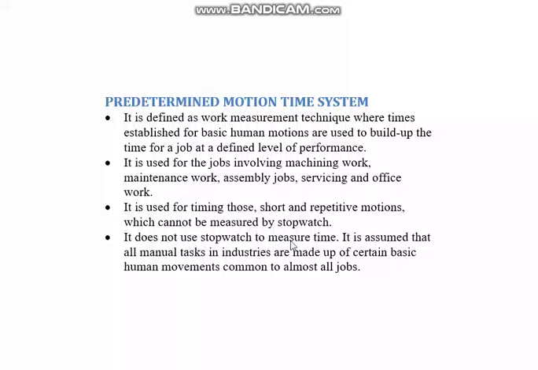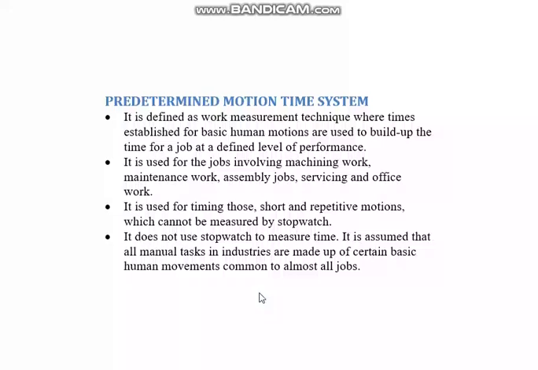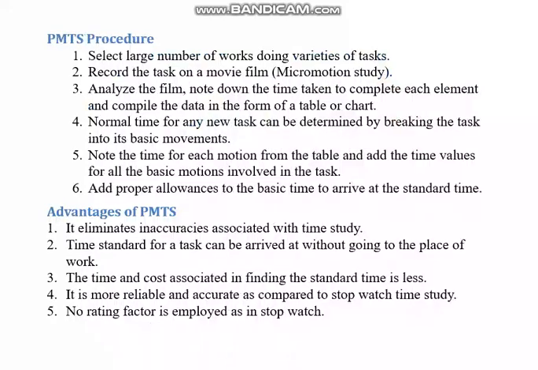It does not use a stopwatch to measure time. It is assumed that all manual tasks in industries are made up of certain basic human movements common to almost all jobs. So those are used, not the stopwatch.